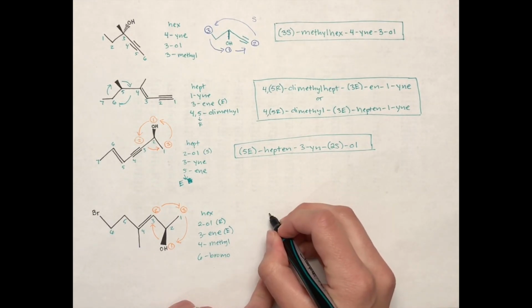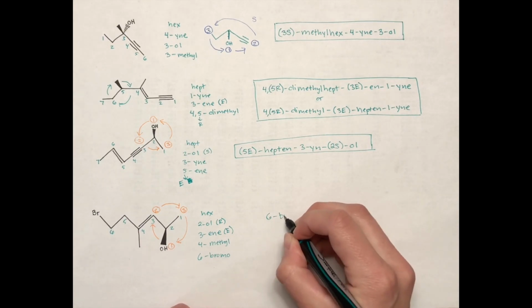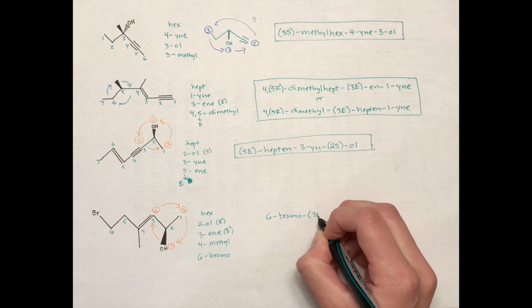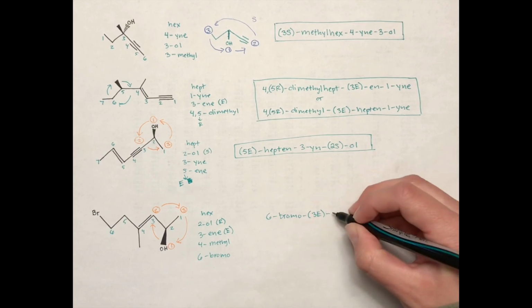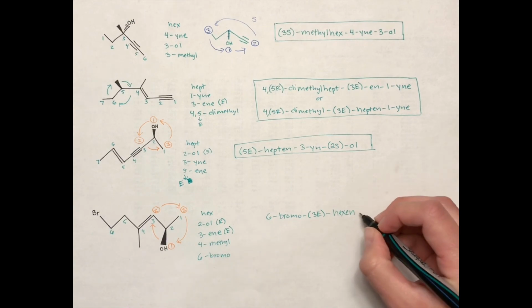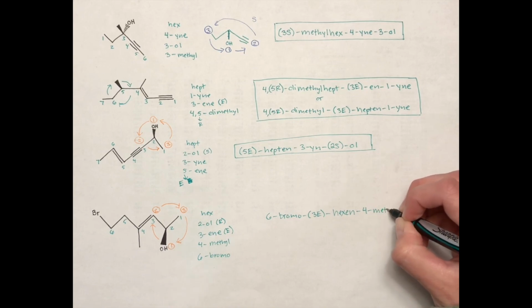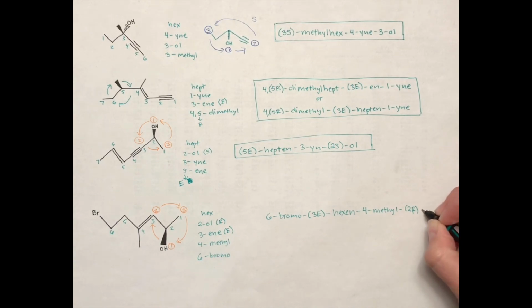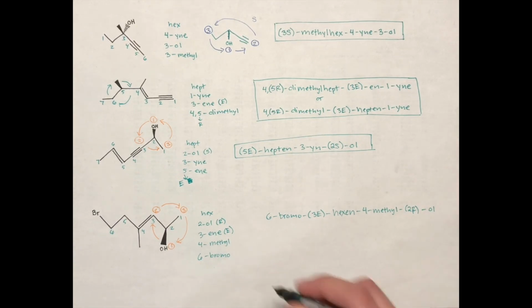All right, so 6-bromo, 3E, hexane, remember drop the last e when we're in the middle of the word, 4-methyl, 2R. There we go, perfect.